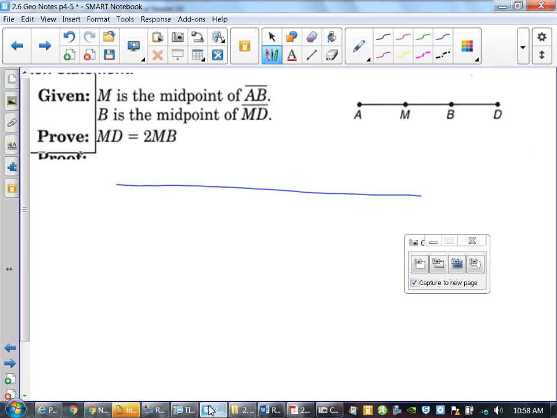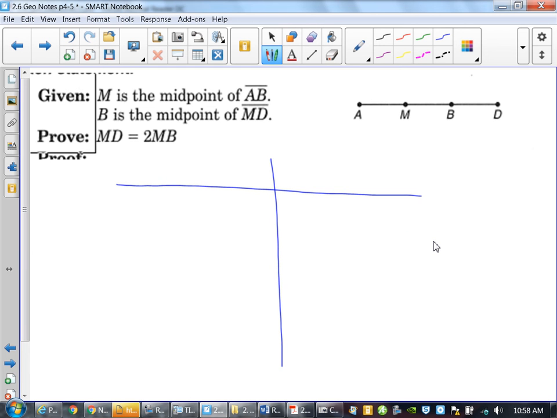So we start with our good old-fashioned two columns. I have M is the midpoint of AB, and that's given. Now, according to your progression sheet, what is your next step after you're given a midpoint?